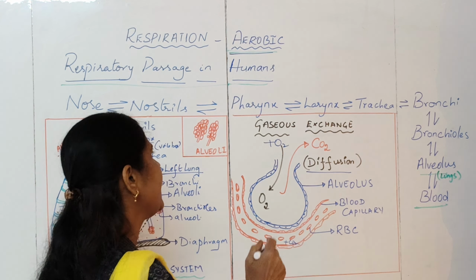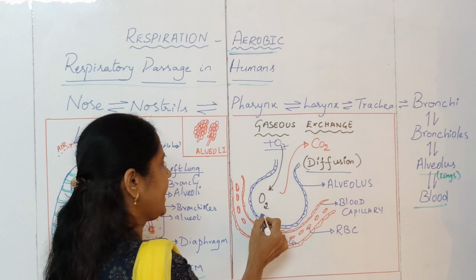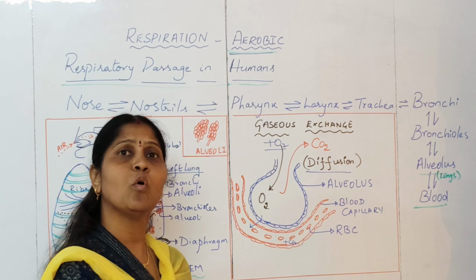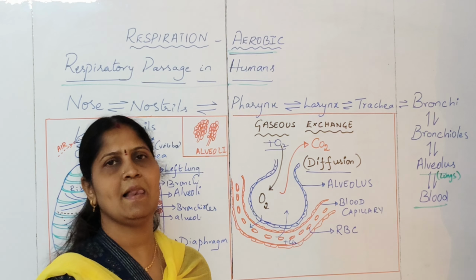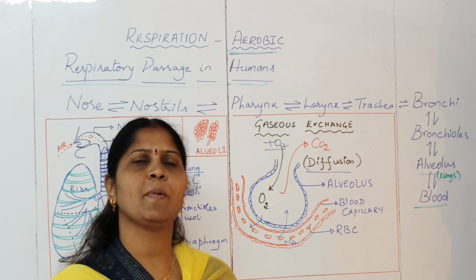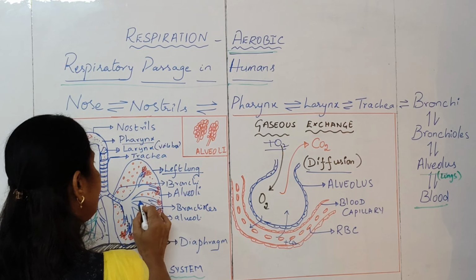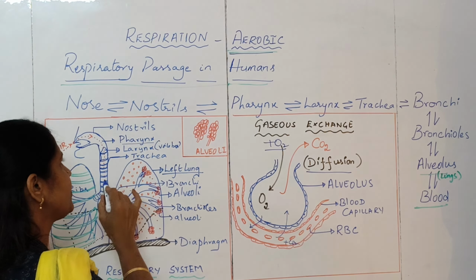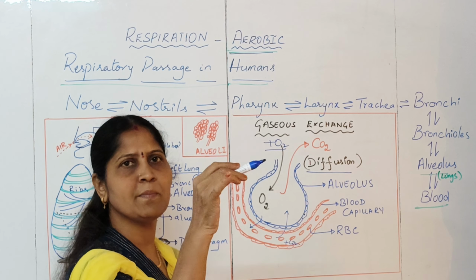So the inhaled air, which has a high amount of oxygen, will give oxygen to the blood, and our blood, which has more carbon dioxide, will give out the carbon dioxide into the alveolus. From all the alveoli, the carbon dioxide will be collected and sent out through the same route, through the bronchioles and bronchi. You can come back. That's why we have put a reversible symbol there.